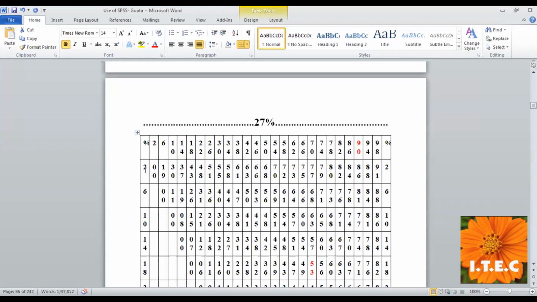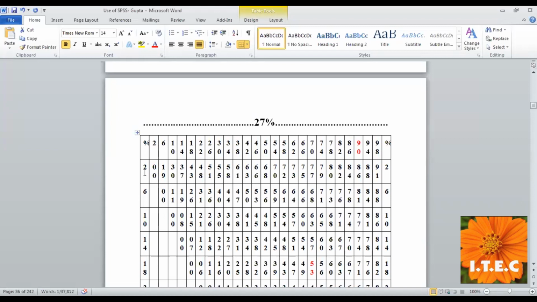Now if 2% from the bottom and 6% from the top and 10%, as the number increases, the discrimination value also increases. This value is 0.19, this is 0.30, this is 0.37, this is 0.43.